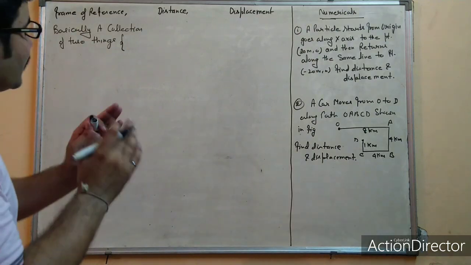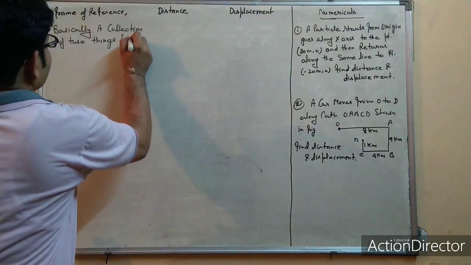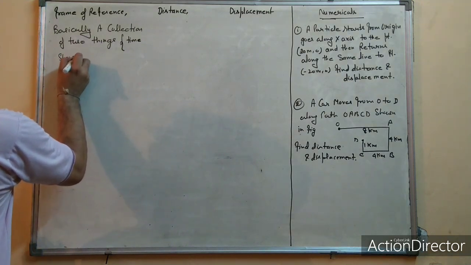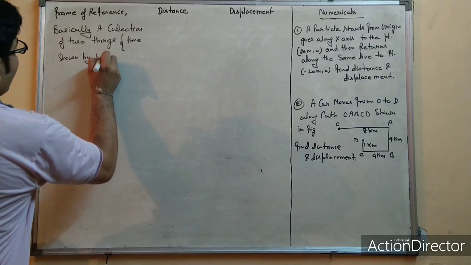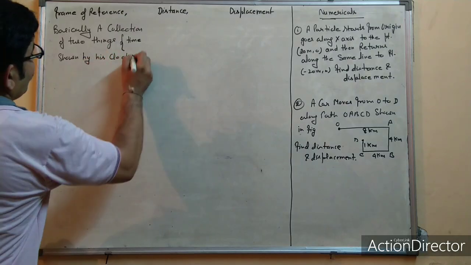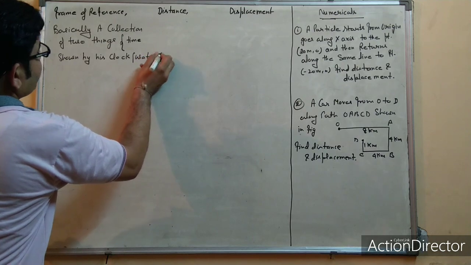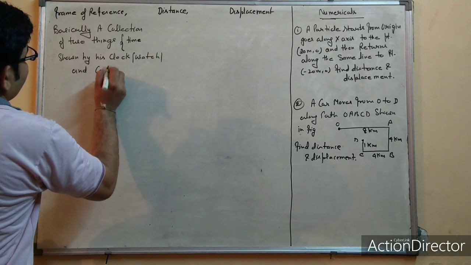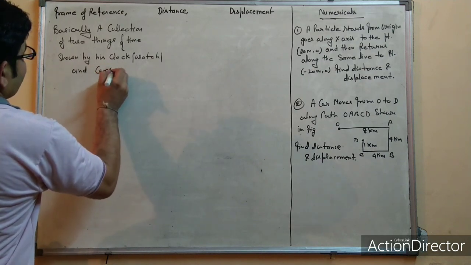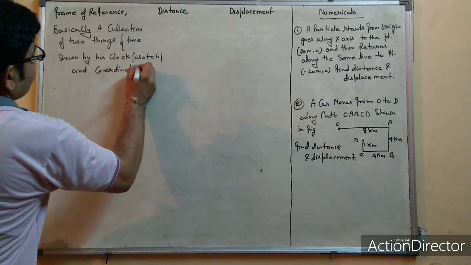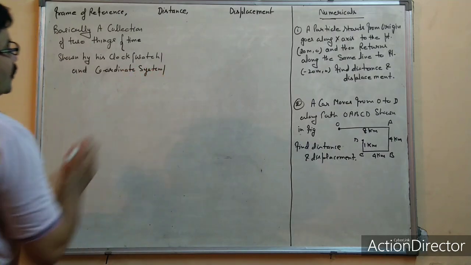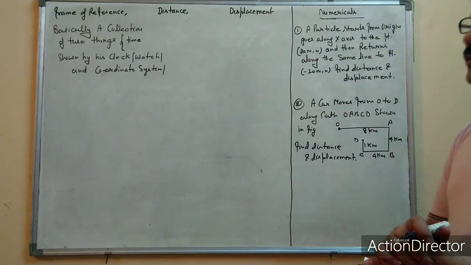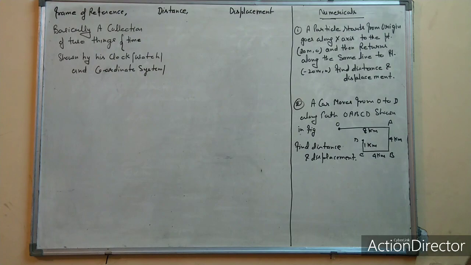First, time, shown by his clock or watch, and second, a coordinate system, whose origin we will consider to find out the changing position of the body with respect to time.